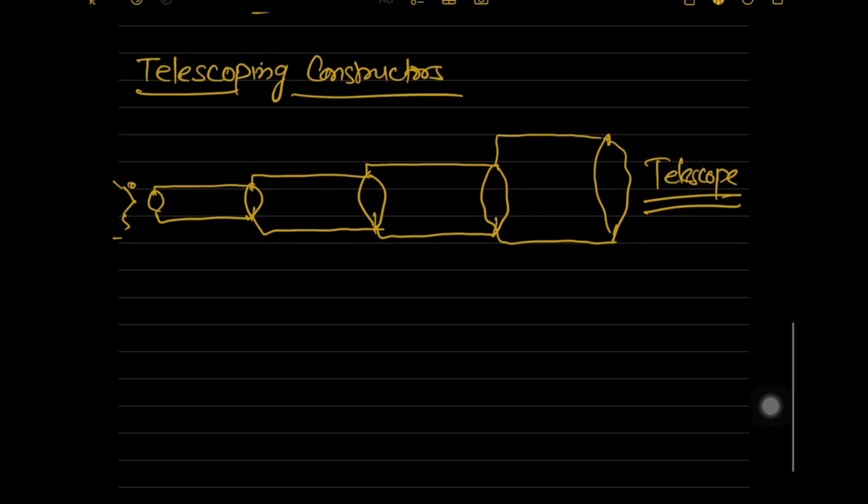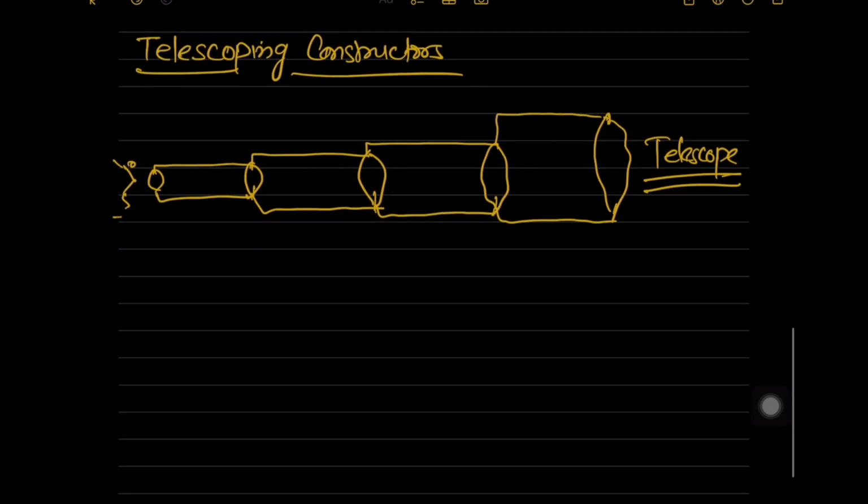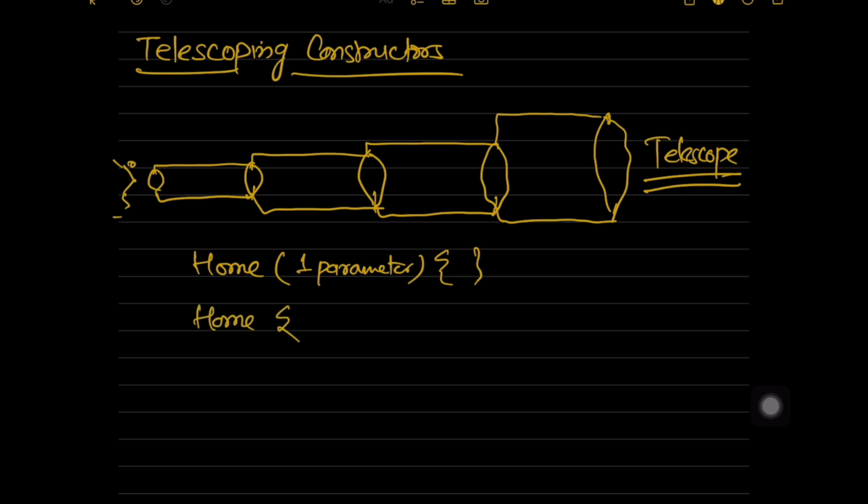This is a telescope. Similarly, we can have constructors. Say I'll take a Home constructor with one parameter, and again a Home constructor with two parameters. So instead of writing one param, I can write param1, or let's use the same name: with door.